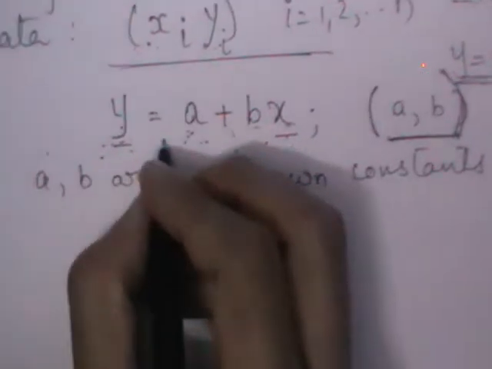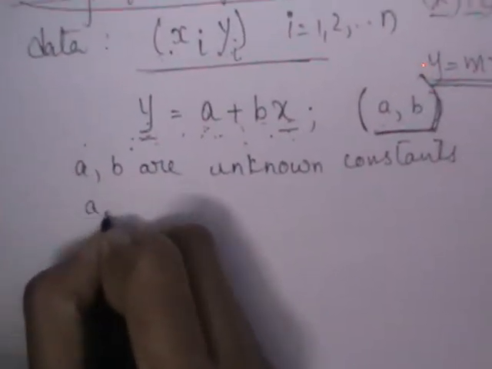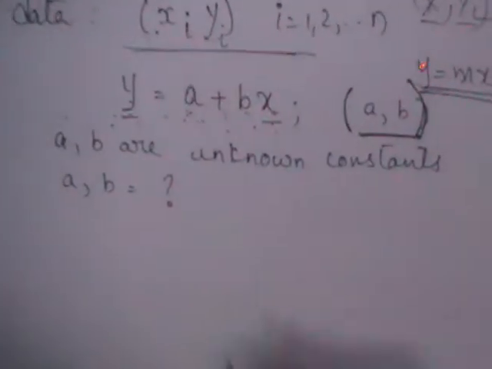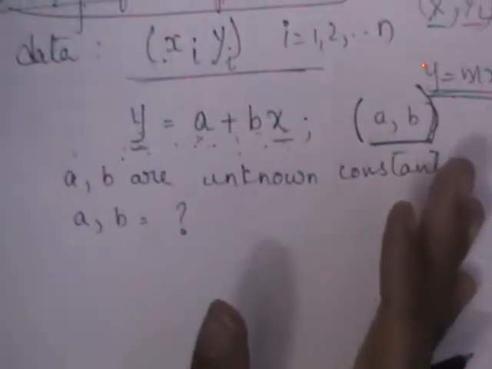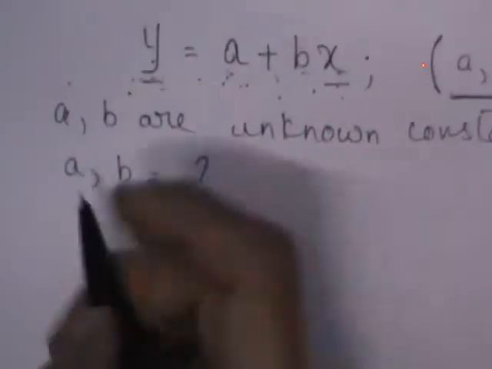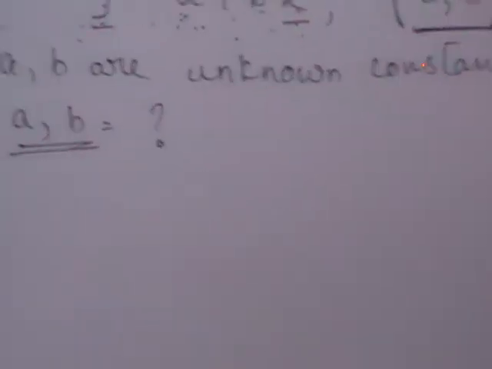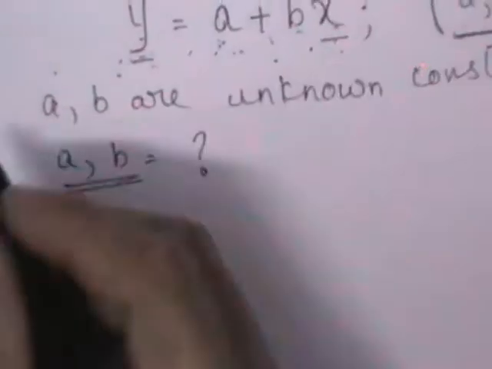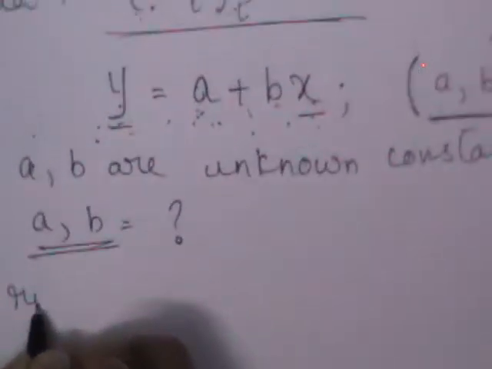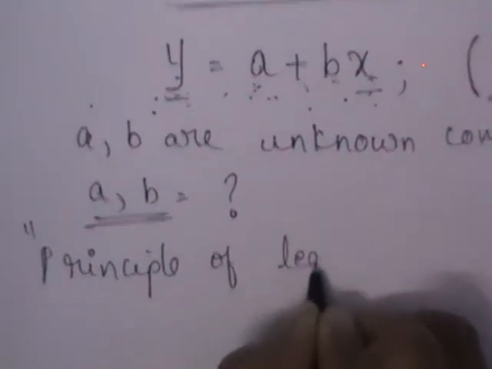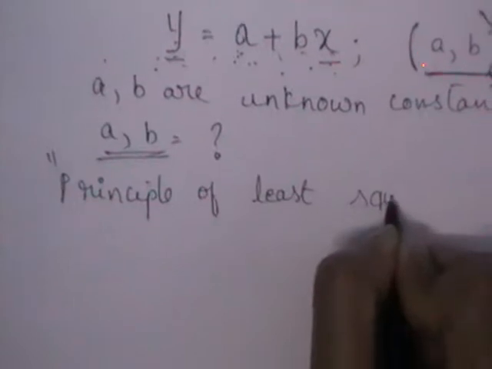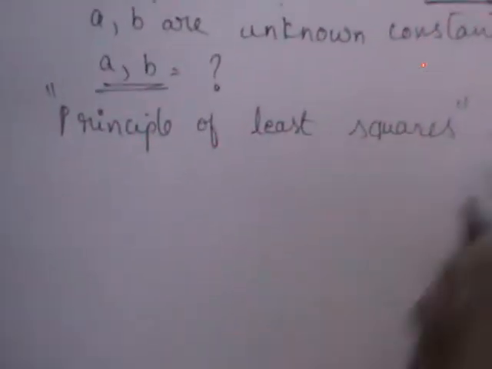To fit this line, you should find the values of a comma b. This is a procedure, not a numerical problem. Let us discuss the procedure first, followed by the problem. Here you have two constants a comma b. Fitting of any line involves making use of the principle called the principle of least squares.